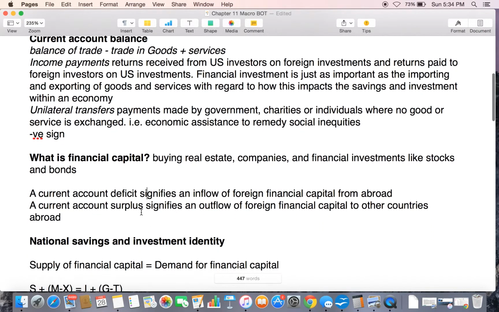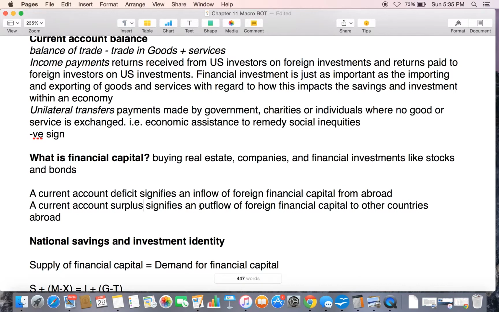And we know that when we have a current account surplus, we have more exports than imports. We are receiving more payments than we are paying out. We are maybe receiving more unilateral transfers than we are paying to people. Although I would say that generally we will be in a situation always of paying unilateral transfers out.